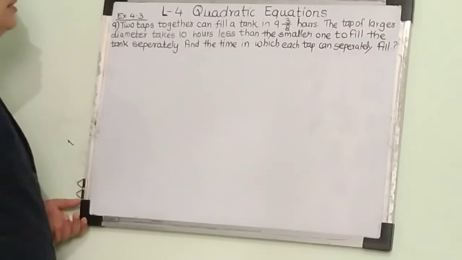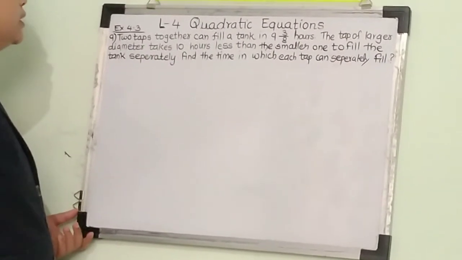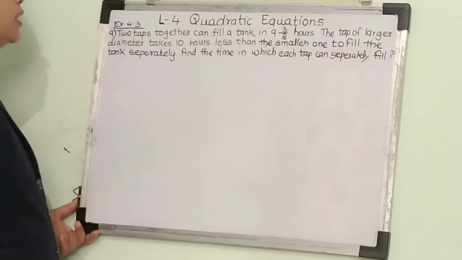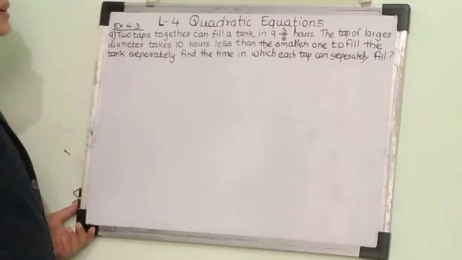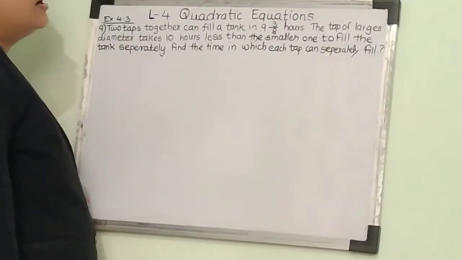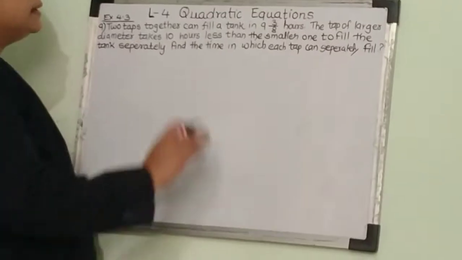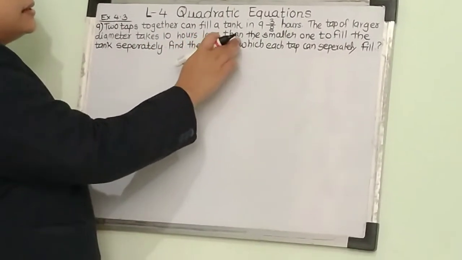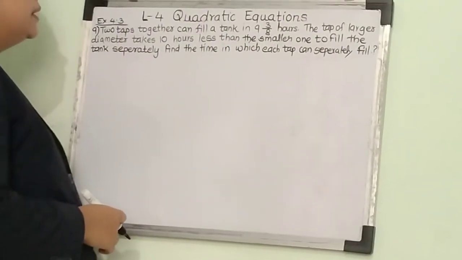Now see one more word problem from exercise 4.3, question number 9. Two taps together can fill a tank in 9 whole 3/8 hours. Then the tap of larger diameter takes 10 hours less than the smaller one to fill the tank separately.